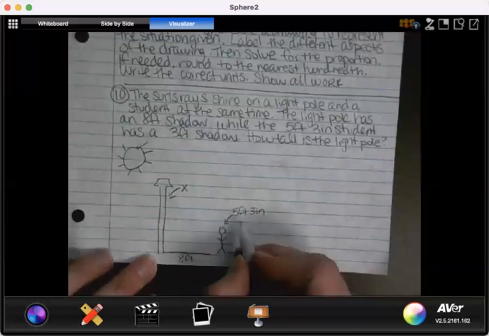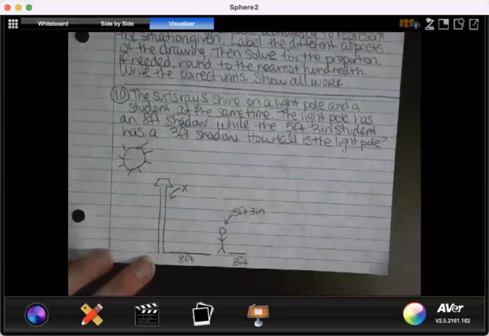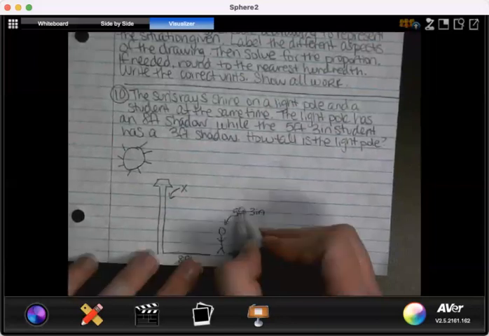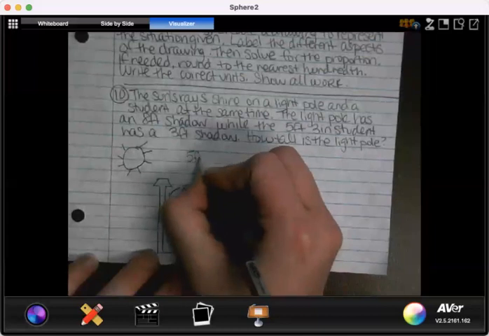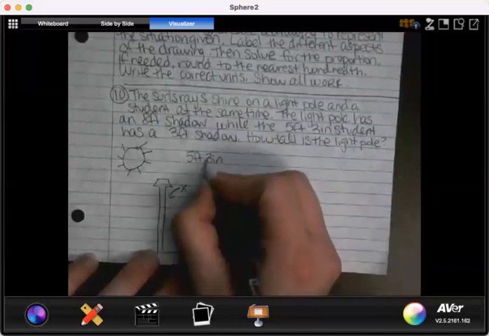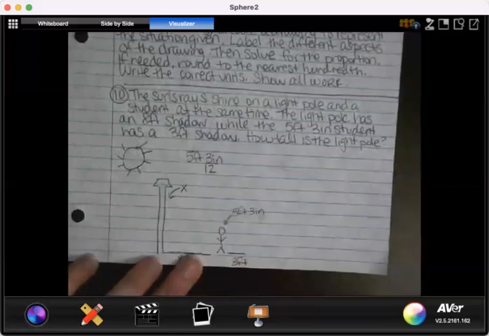Now, before I can go about solving, I actually need to make sure everything is in the same units. Right now I have feet, and then feet and inches. So we need to convert the inches into a decimal for my feet. If I have 5 feet and 3 inches, I need to consider the fact that this is 3 out of 12 inches that make a foot.